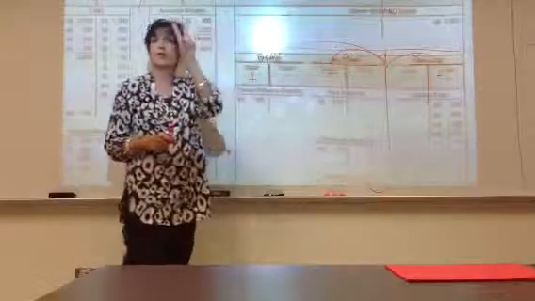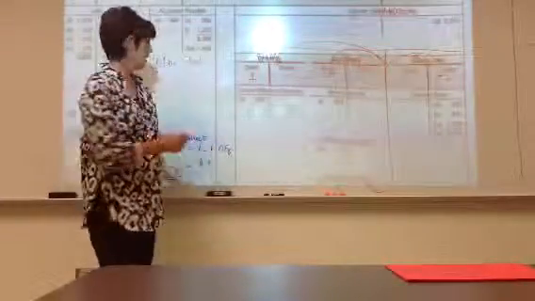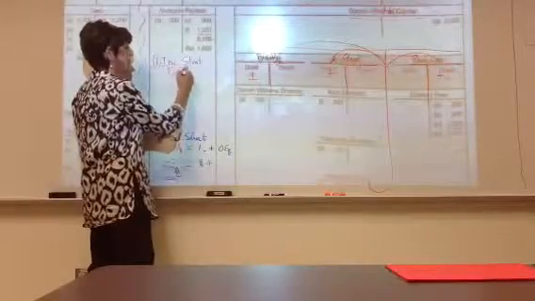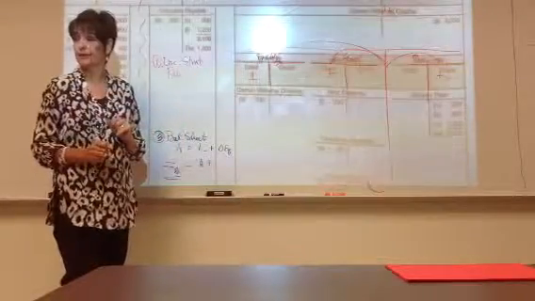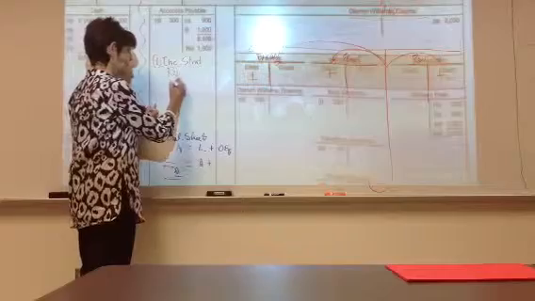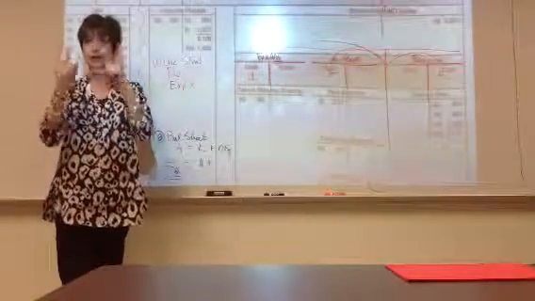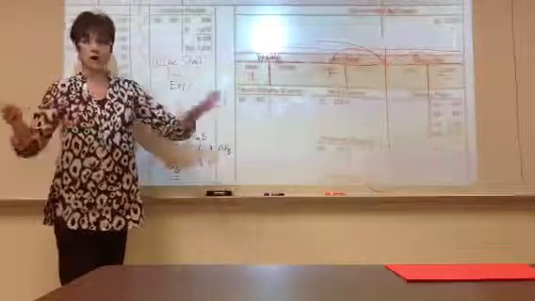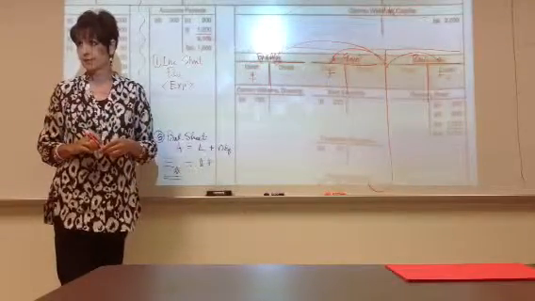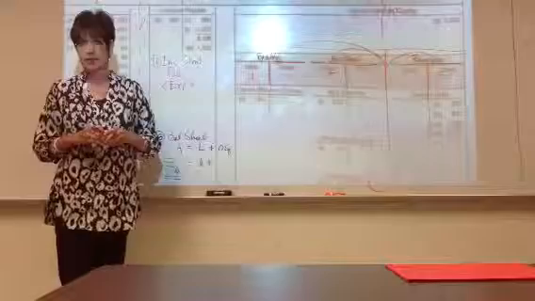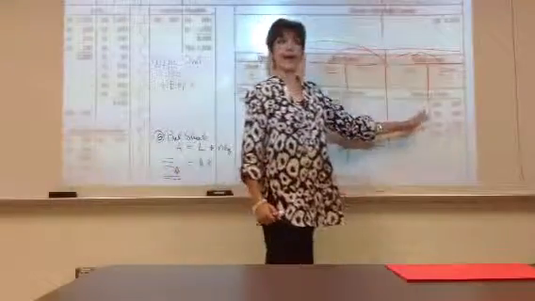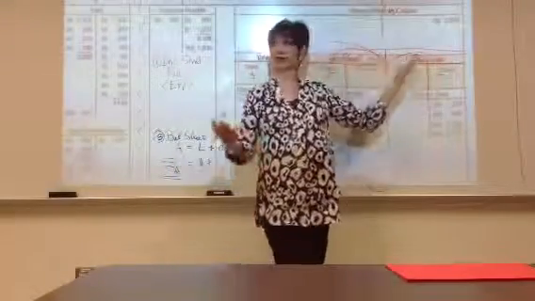There are going to be two things on an income statement. The first thing is revenue, and the next thing is expenses. Those two things are all that will ever be on your income statement. You may have more than one revenue account because you might have interest income.